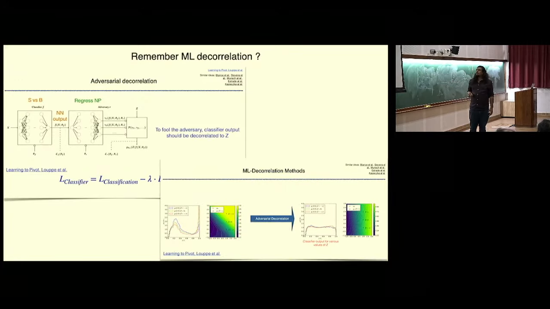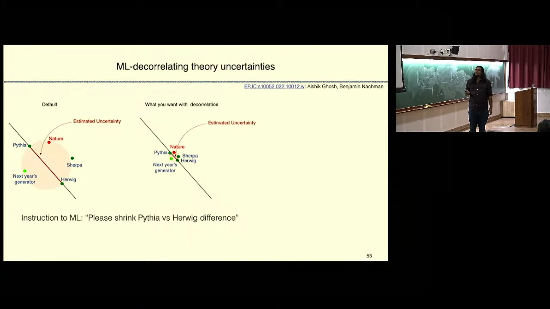And then if you remember the decorrelation we talked about, if you try to apply that here and say, hey, Mr. AI, can you please reduce the difference in your performance between Pythia and Herwig? Because I'm using this distance to estimate my uncertainty in this n-dimensional ball, right? I don't even know what the dimensionality of this theory space is.